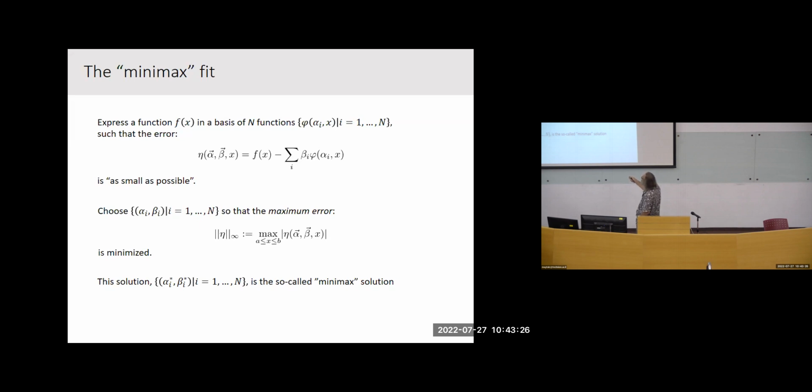So we do that in the so-called minimax sense. That is, what we seek is a set of parameters alpha and beta for a number of functions N, where N we would like to have as small as possible, in such a way that the maximum error is minimized over a certain interval for x. So that is the general problem that we try to solve. And that particular solution is called the minimax solution. So the minimax fit to a particular function is defined in that way.